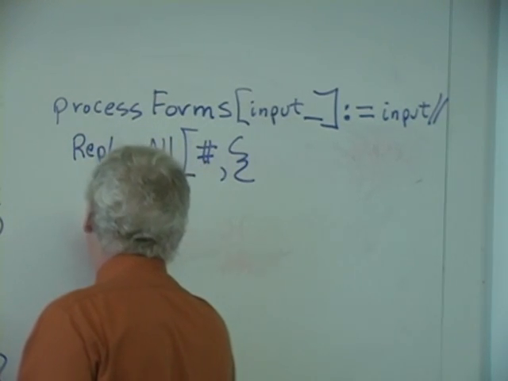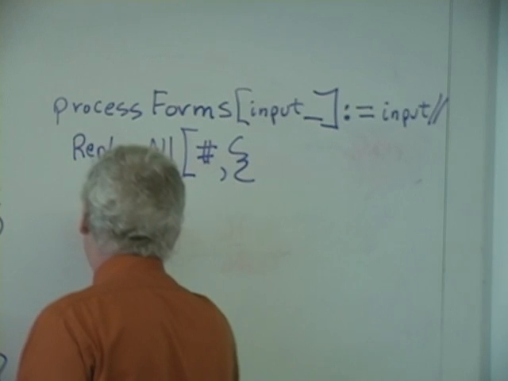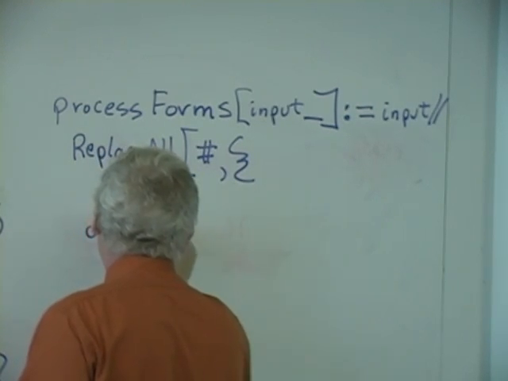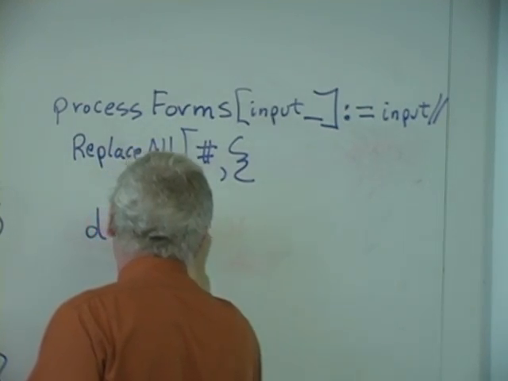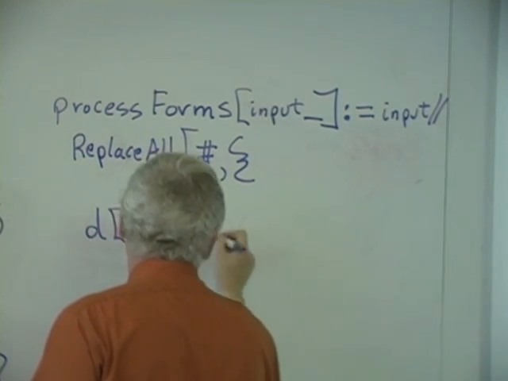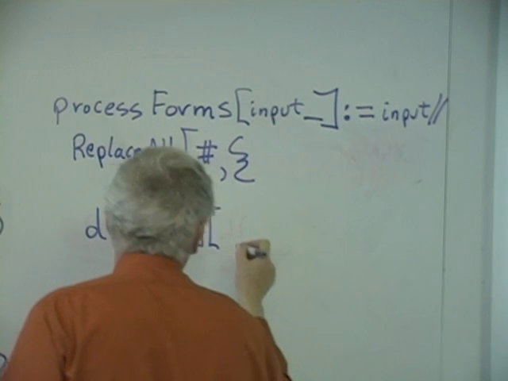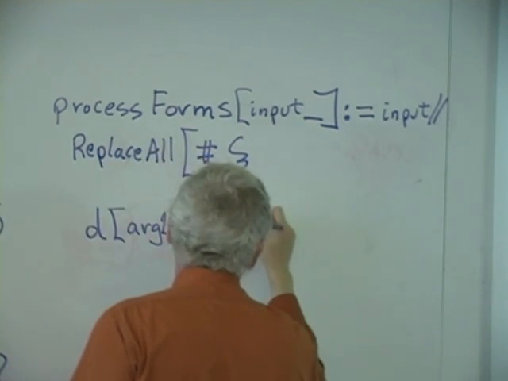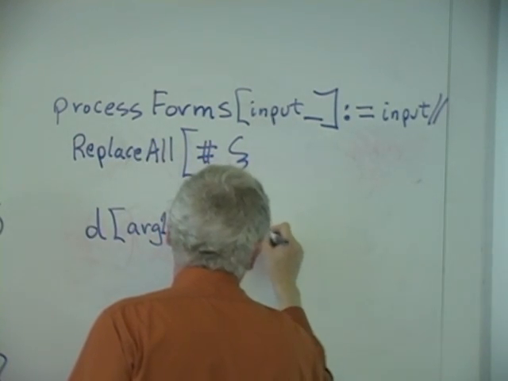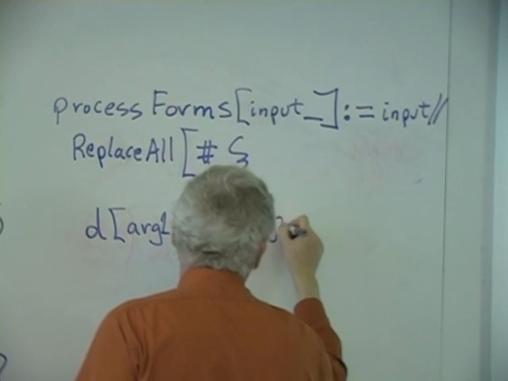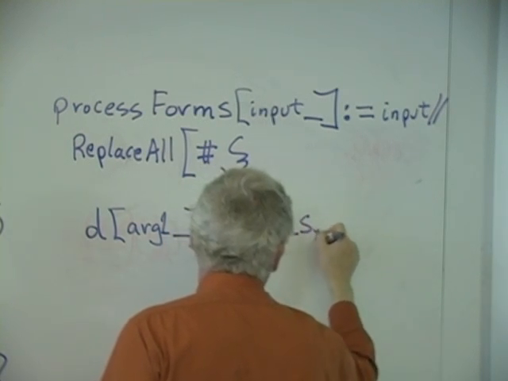Look for a D wrapping around any argument that I'll call argument 1. Look for it to be followed by a V wrapping around any argument 2 that is a symbol.